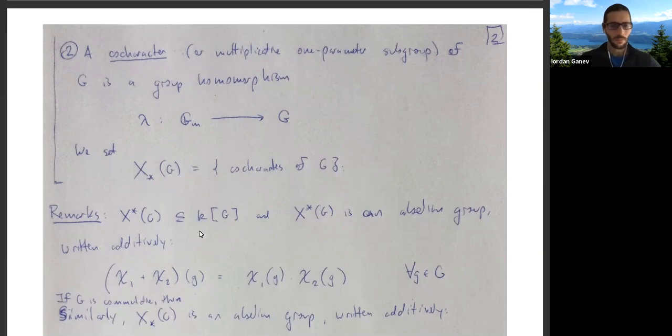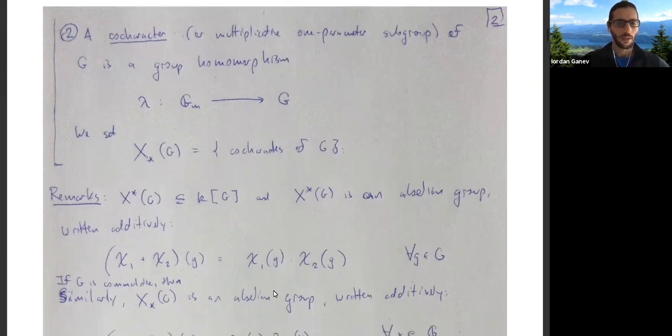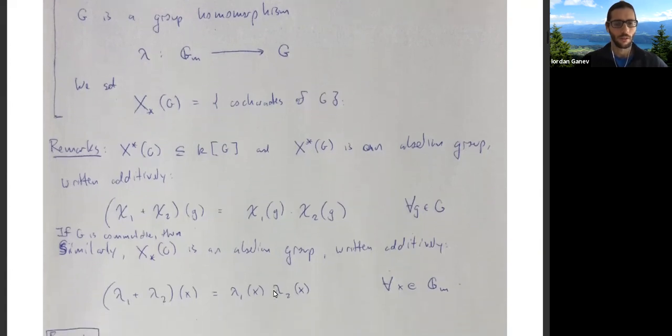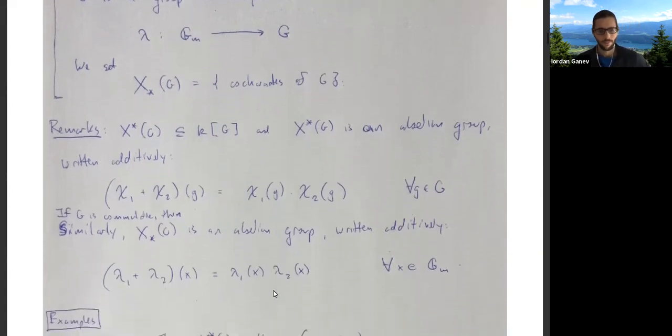This is a bit confusing: the sum of the characters evaluated at g is the product of their values at g. And if G is commutative, then the co-characters are also an abelian group.